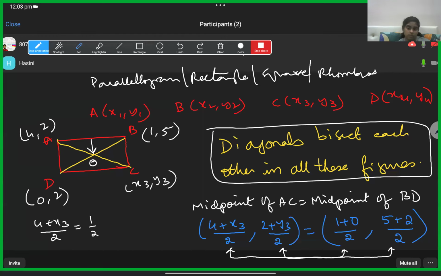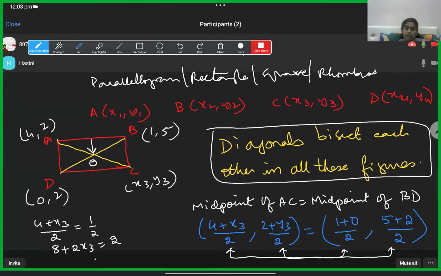Cross multiplying: 2 into (4 plus x3), 8 plus 2x3, is equal to 1 into 2.